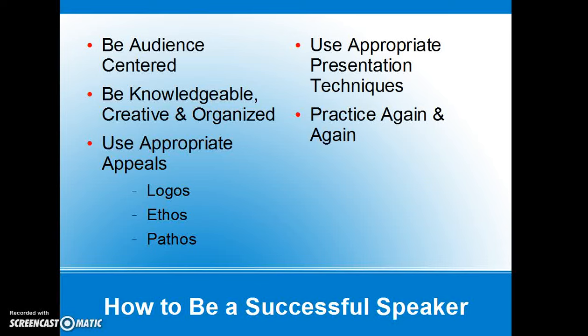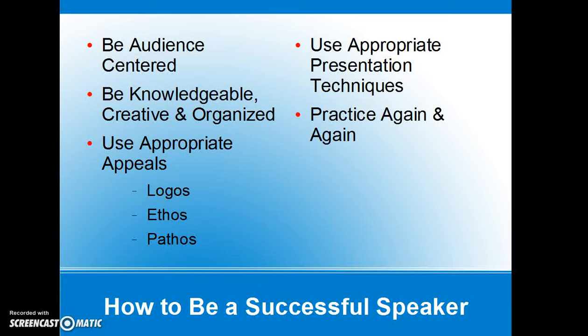The last two things that this section of the chapter talks about in order to help you become a successful public speaker is to use appropriate presentational techniques. So that is things that are going to help you make sure that you are using the proper dialogue and the proper visual aids and the proper gestures, and that you have the proper appearance. And all of these things are going to help you become a more successful speaker, because it's going to portray that you have a right, or that you should be talking about whatever you're talking about.